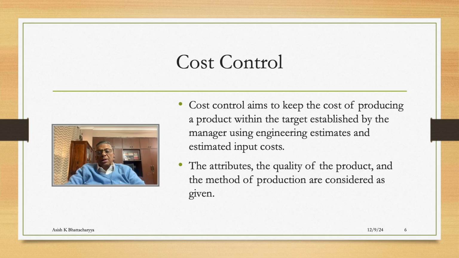For example, standard costing is a control system, because in standard costing the comparison is between actual and standard, to ensure that you are able to control the cost within the standard cost, that has been decided by various engineering and pricing techniques. So you never ask whether we can change the attributes and quality of the product when we talk about cost control.